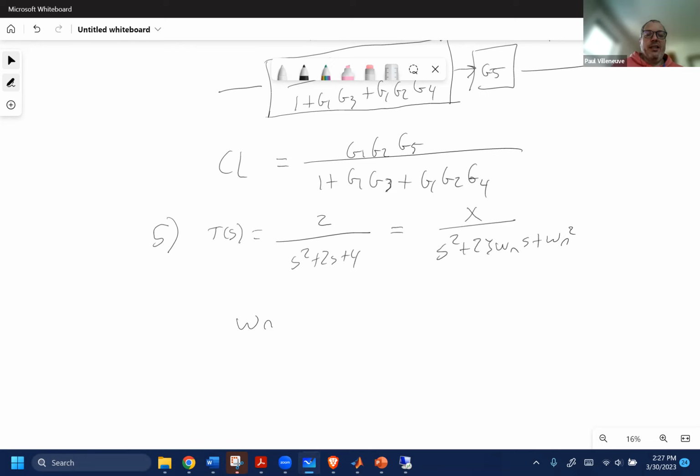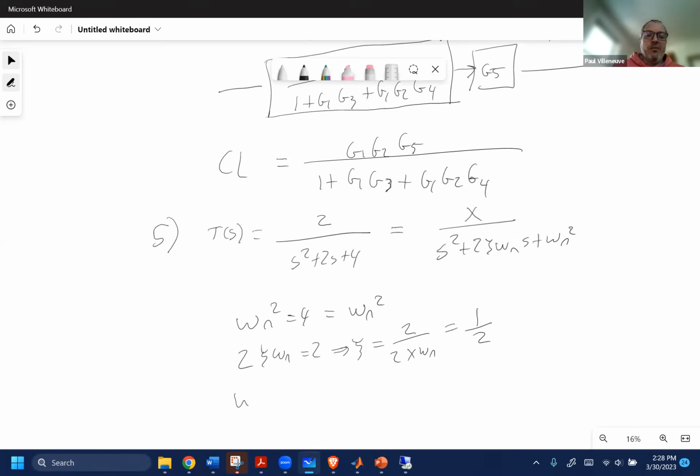So immediately I see that omega sub n squared is equal to 4, so omega sub n equals 2. And 2 zeta omega sub n equals 2, so zeta is going to be equal to 2 over 2 times omega sub n, which is 1/2.